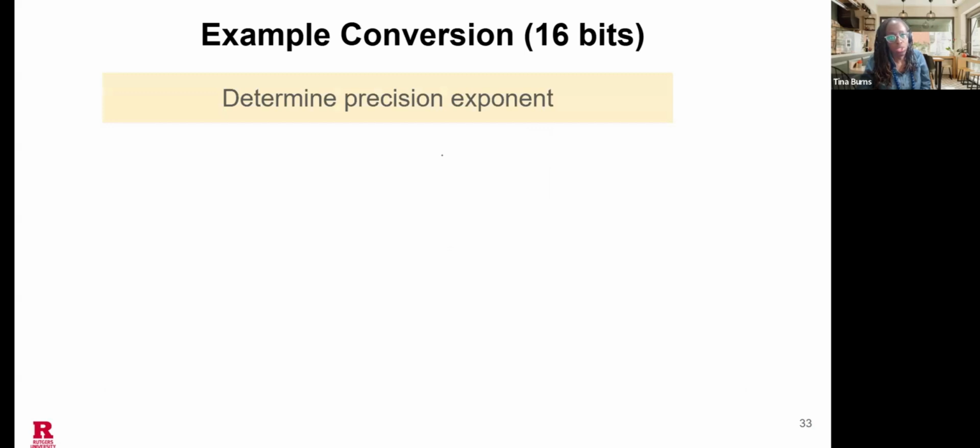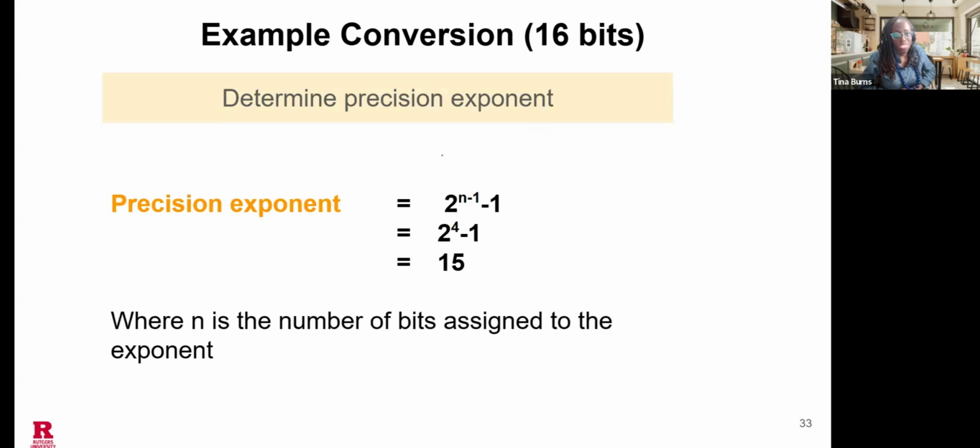Now let's continue with this exponent. Let's determine our precision exponent. It's the same process. We have 2 to the n minus 1, which is 2 to the 5 minus 1, or 2 to the 4, and then you subtract 1 from that.